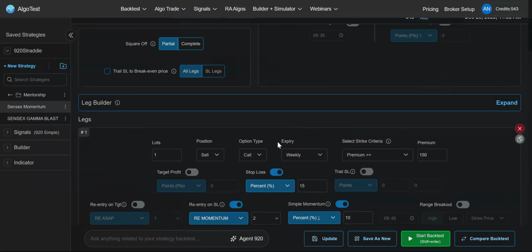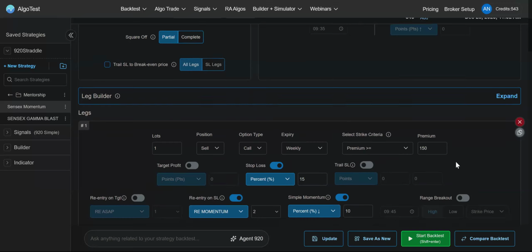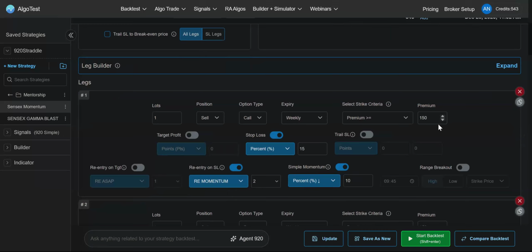So the 5 entries which are getting an SL, approximately one SL is 150 into 15%, say 22 points, roughly 25 points. So five SLs will be 25 into 5, that is 125 points of SL you will be getting. But the premium that survives your SL will probably end up at zero, so you will be gaining 150 out of it.